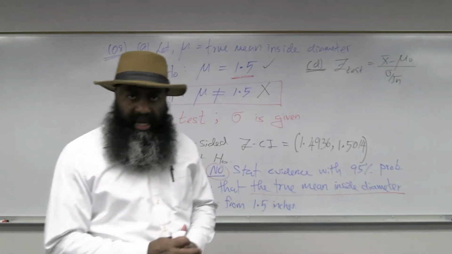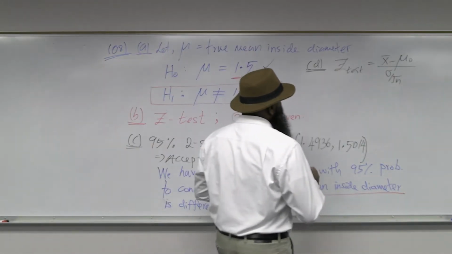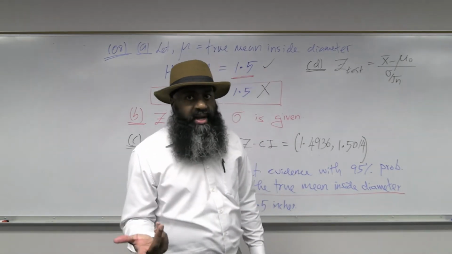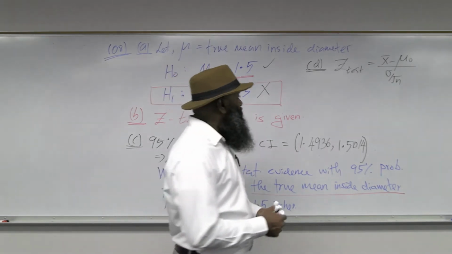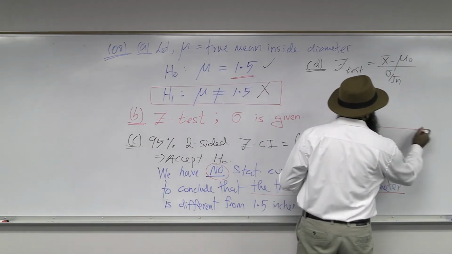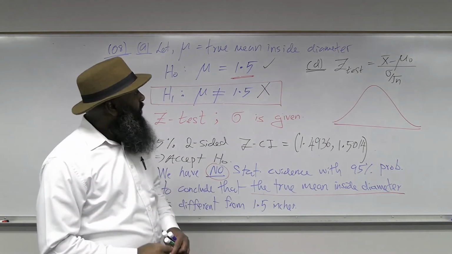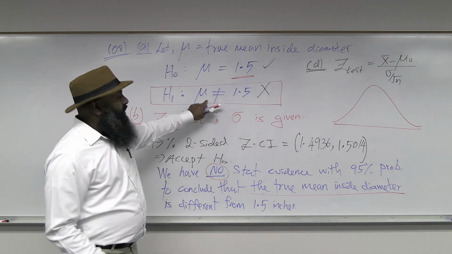I'll show it to you in a minute, but before that, what should be the critical value? With the test statistic, I should also provide the critical value. Okay? So the critical value is, I need to go for the standard normal distribution, and it's a two-sided alternative.